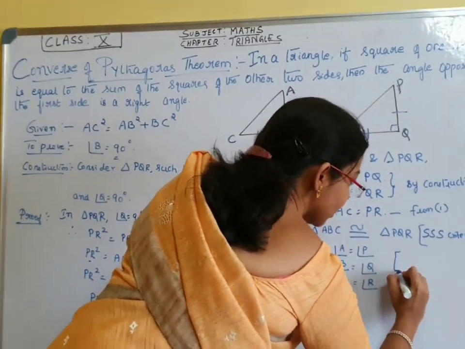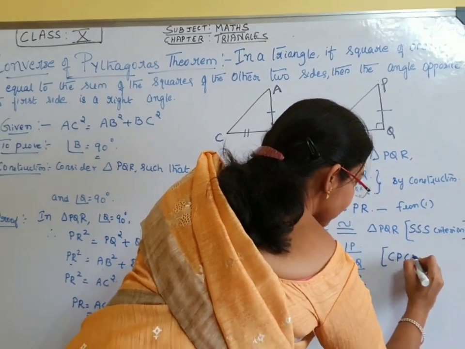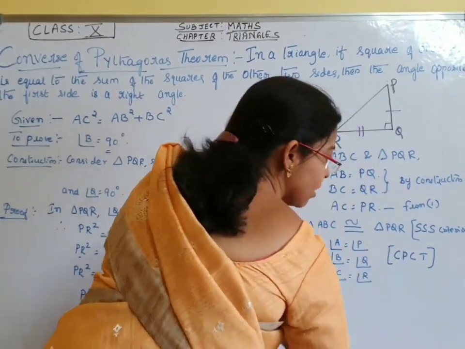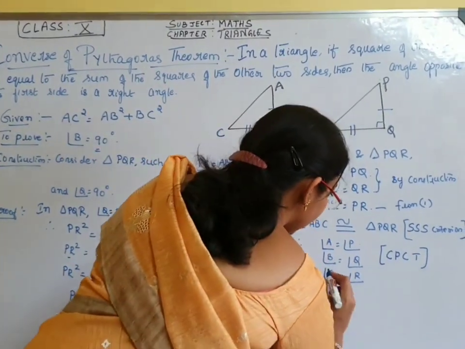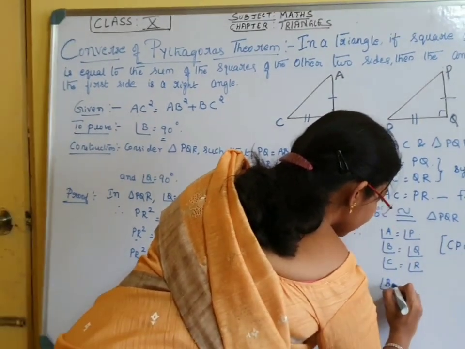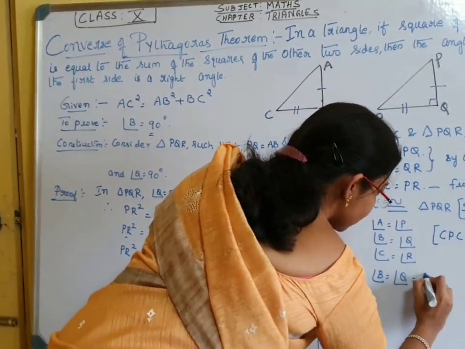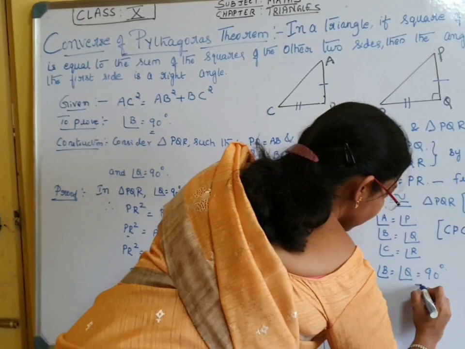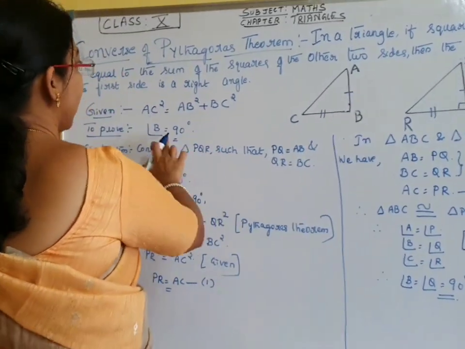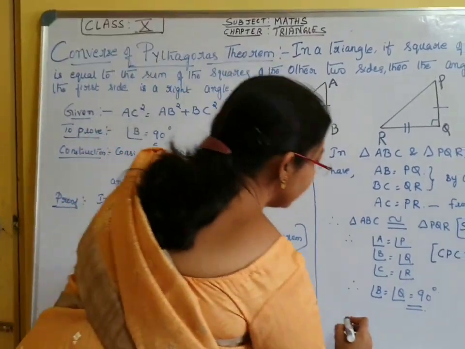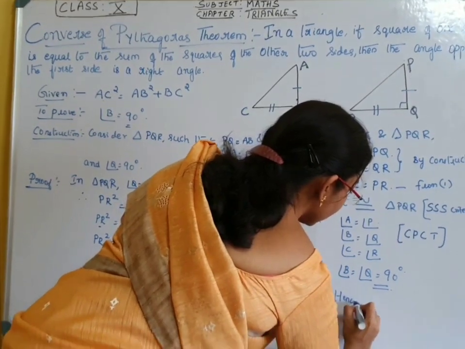By CPCT, corresponding parts of congruent triangles are equal. Therefore, angle B is equal to angle Q, which is 90 degrees. We had to prove angle B is 90 degrees, hence proven.